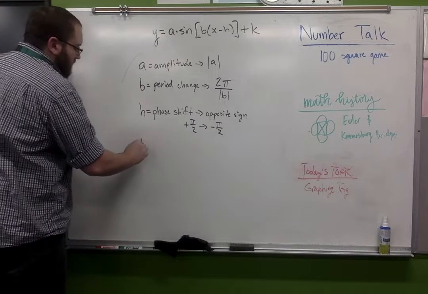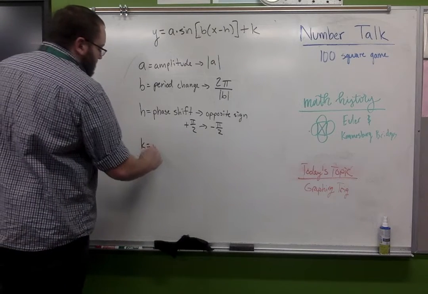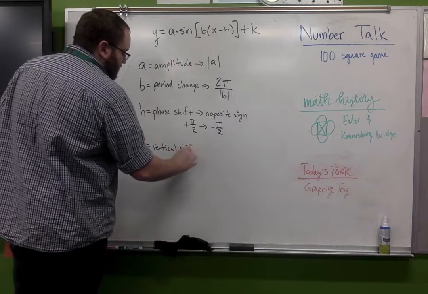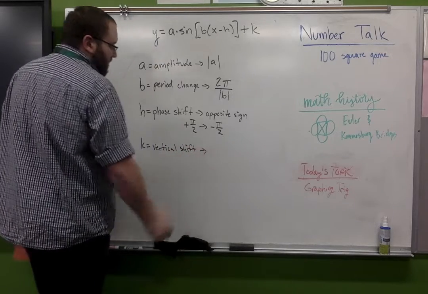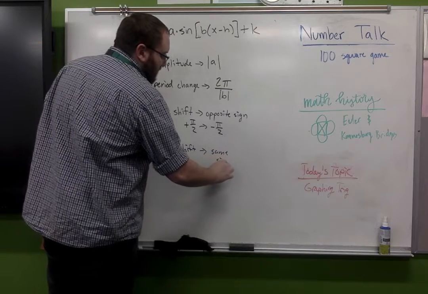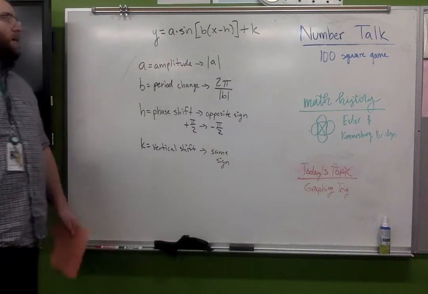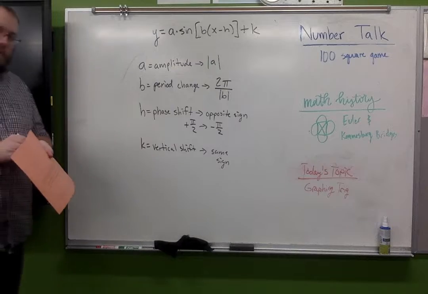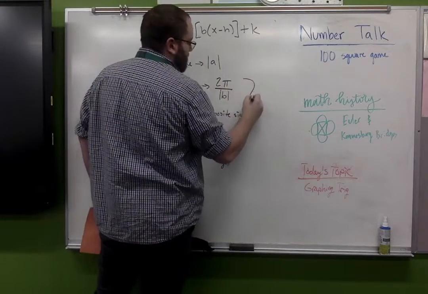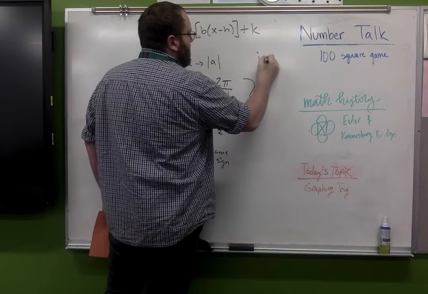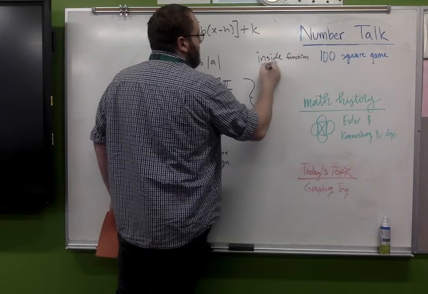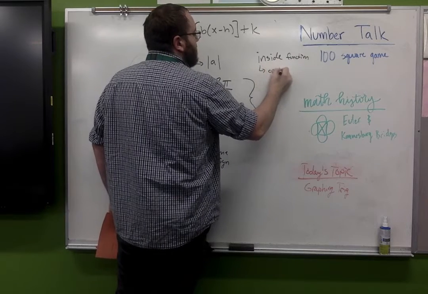And then k is the vertical shift. This is nothing new to you. It is same sign. So vertical shift, it just moves up and down. Something I like to tell my students that helps them remember all these is if it's inside the function, it's opposite operation.